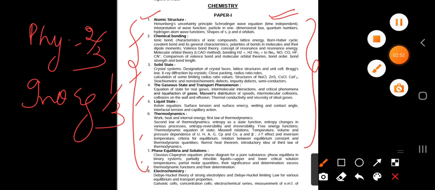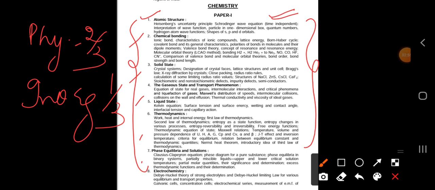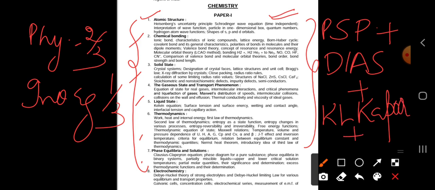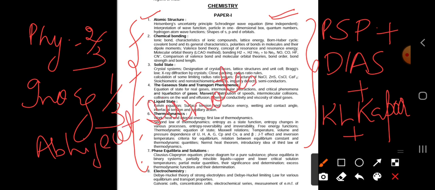Now, what resources should we refer to for these chapters, or for the physical portion in general? We will refer to PSP, Puri Sharma Pathania, plus Dyer's notes, and we will practice numericals from KL Kapoor. For online resources we can refer to Abhijit sir's notes, which are easily available on the internet.